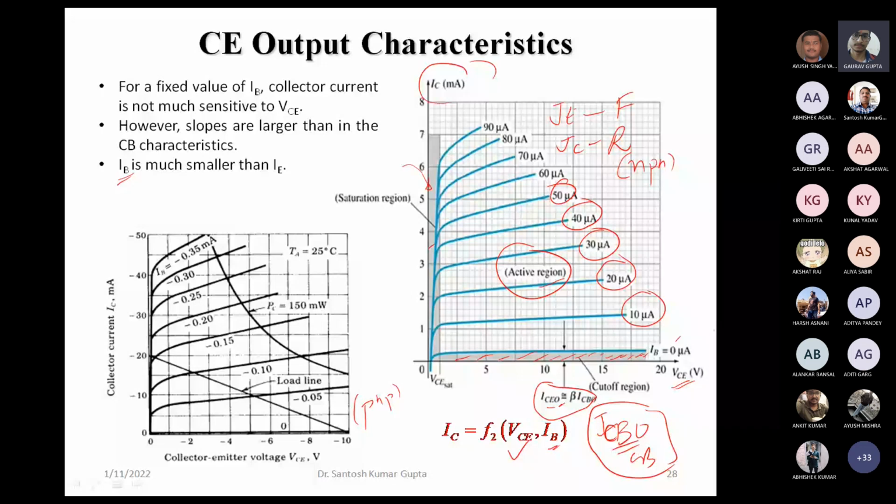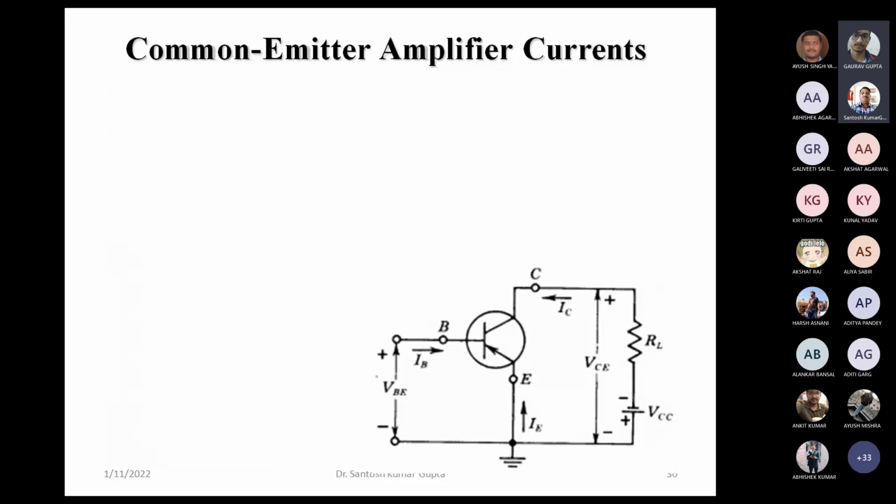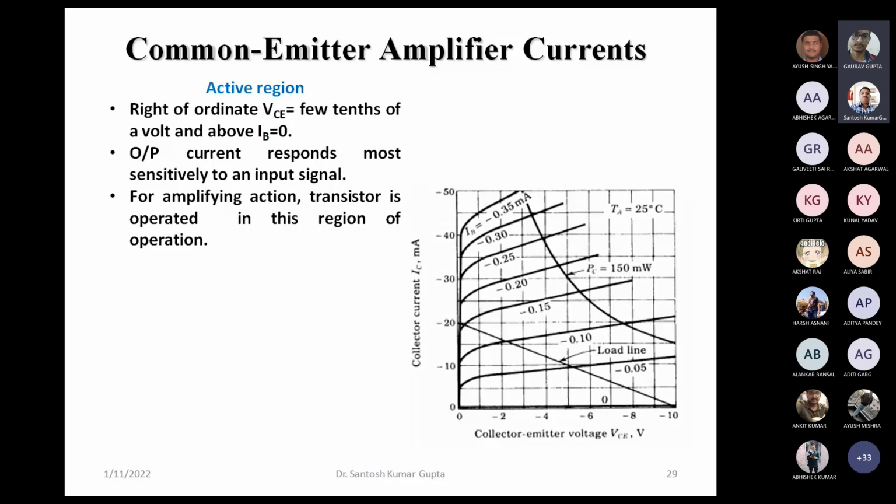The difference between common base and common emitter is that the slopes are larger in common emitter than in common base. So the active region is of utmost importance here.